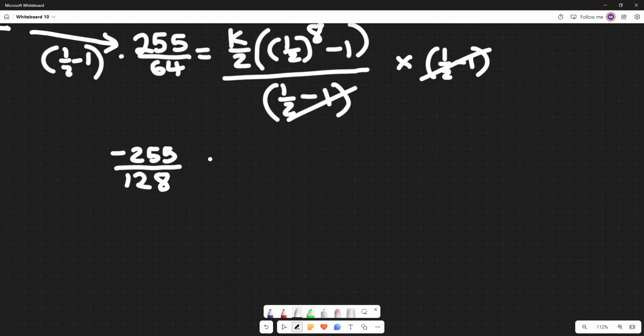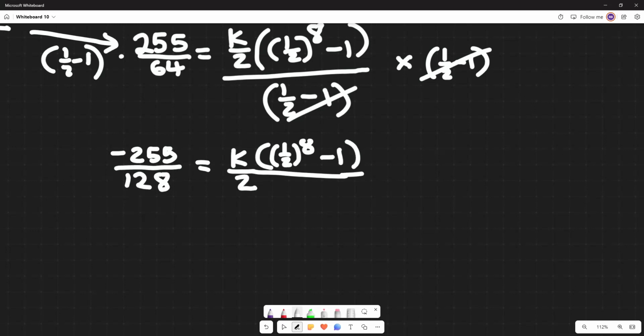Okay. And then we are left with k over 2. Actually, we can write it this way. Half in bracket to the power 8 minus 1. That is our a. And then I'm going to multiply by 2 both sides. So multiply by 2, multiply by 2, so that this 2 will cancel with that one.